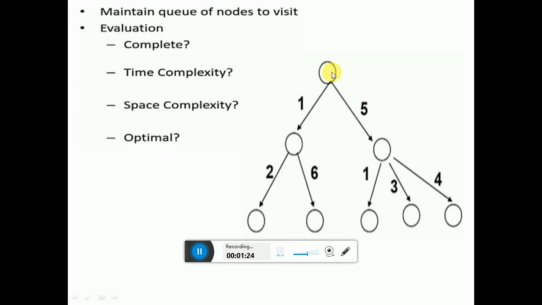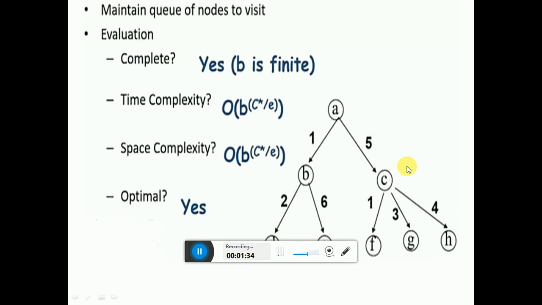In this case, this is node A, this is B, C, D, E, F, G, H. See this, every path having some cost. This path having cost 1, here 2, 6, 5, 1, 3 and 4. Now let us see, this A is the root node.